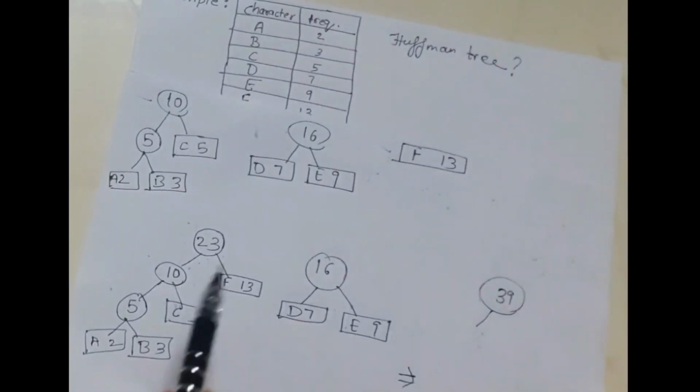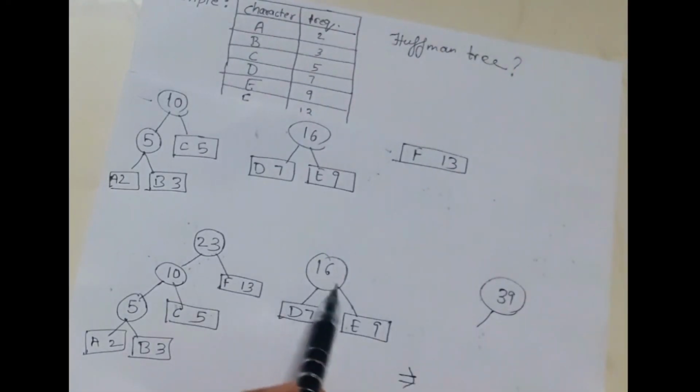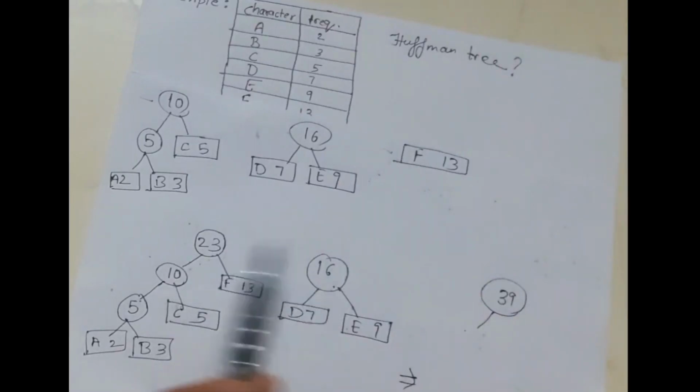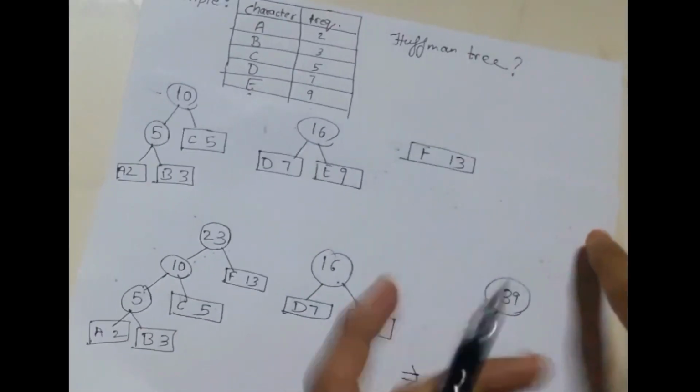Now always remember, out of these 2, 16 has the minimum frequency. So the character with minimum frequency will be on the left-hand side, and the one with greater frequency will be on the right-hand side.